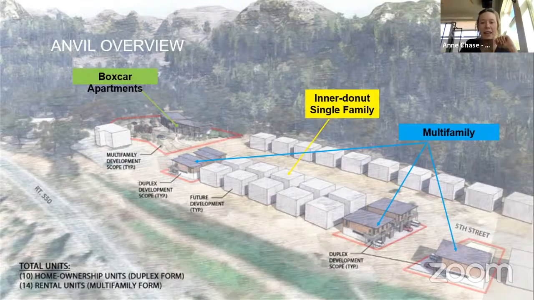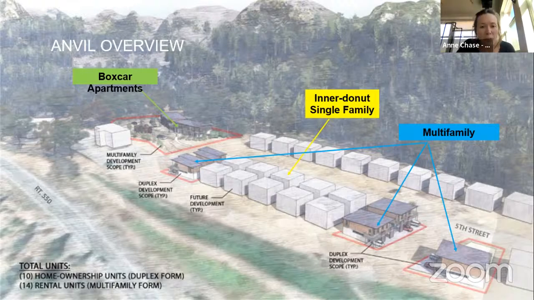And then the inner donut single family, these are what San Juan Development Association is working on. There will be a future, there's still undeveloped lots in here, which will be another lottery system to be determined.